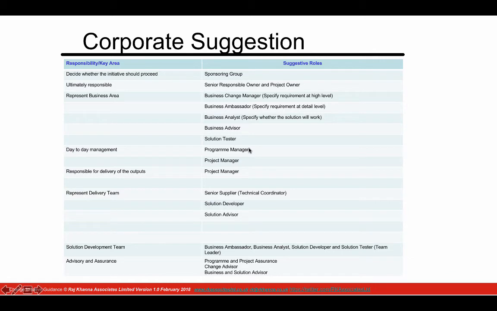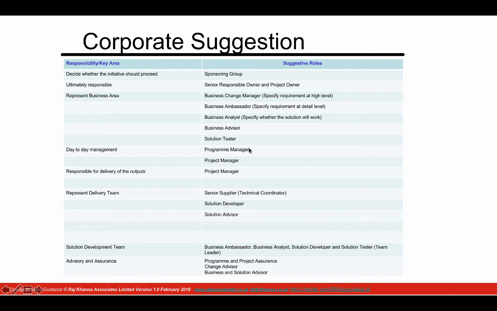In order for our change initiatives to be successful, it's important that all these roles are fulfilled. None of these are left out, but of course, in a small initiative, roles can be combined.